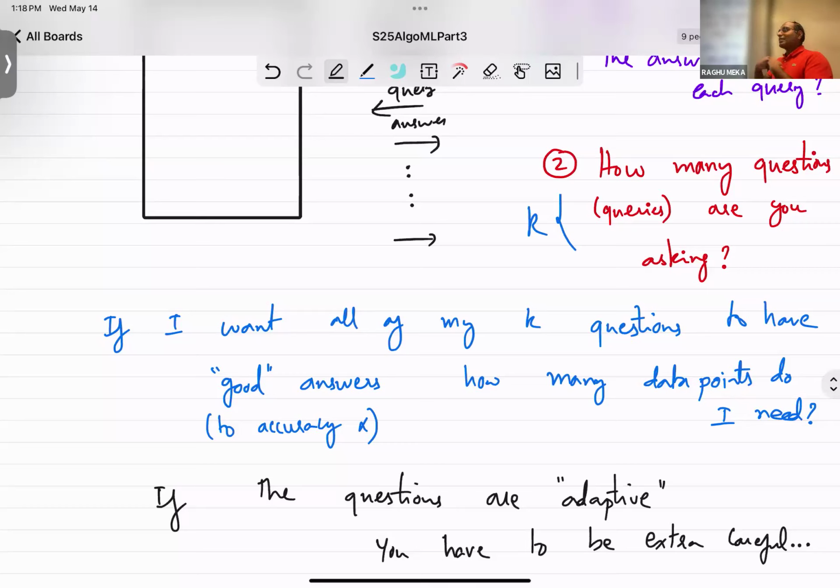So I decided to ask the question, how many people have the last name Meka based on the answer to the question, how many people have the first name Raghu in the database? Okay. Now, it said 1 in 1,000 people have the last name Meka in the database. Does this mean that the overall population has a 1 in 1,000 rate of people with last name Meka?